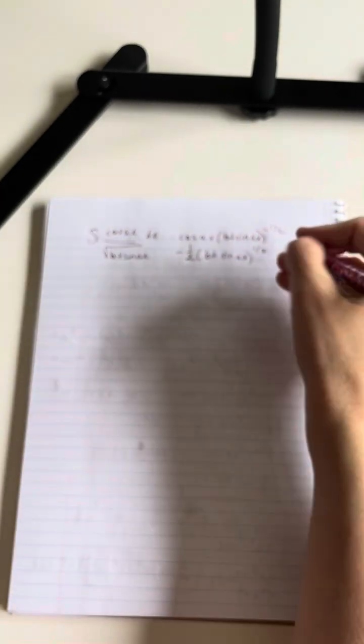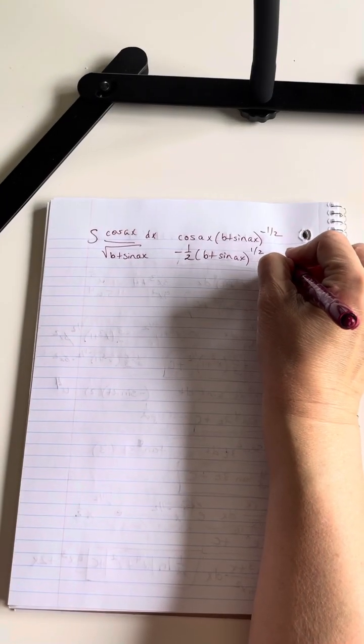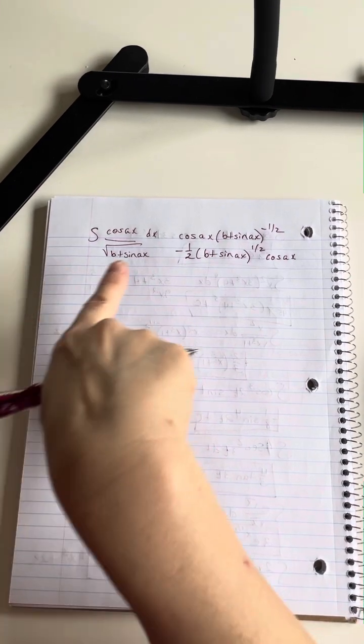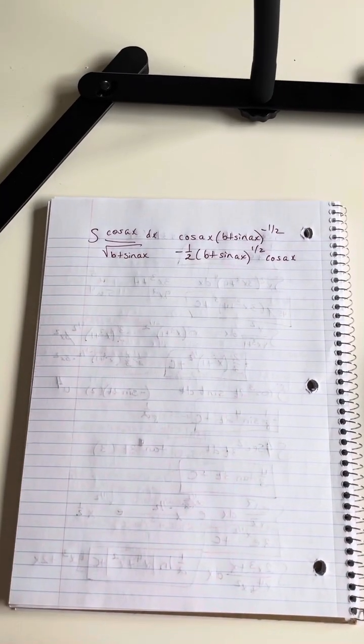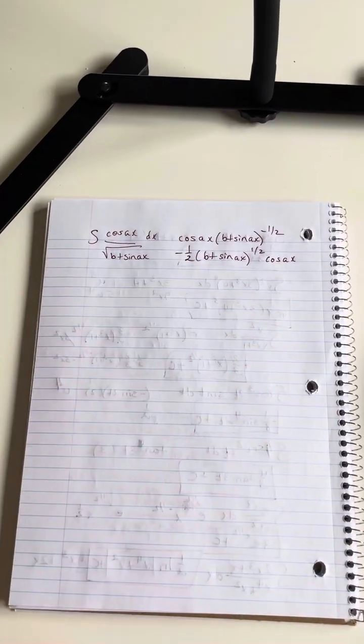1/2, and then the derivative of b is a constant dropping off. The derivative of sine goes to cosine of ax, which we had. So what I don't want is the 1/2. So I'm going to flip that to 2.